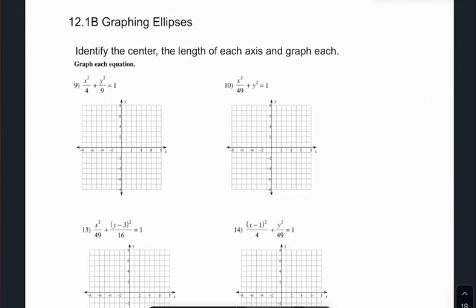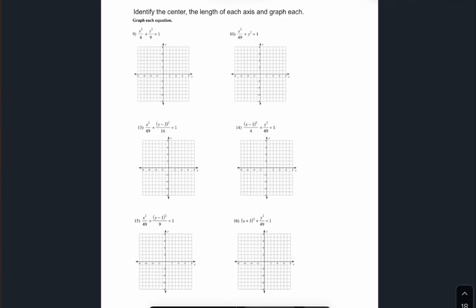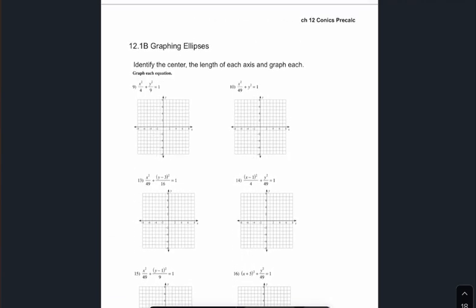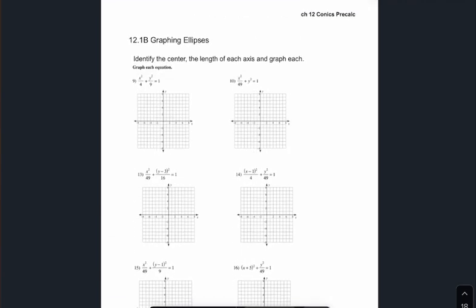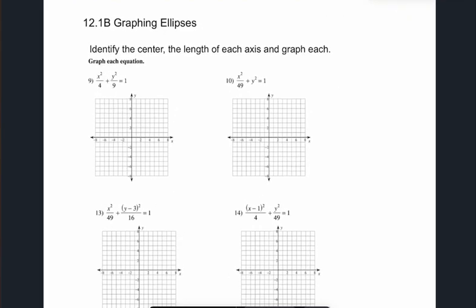Okay. And then we have some equations here. All of them are already in standard form, so they're ready to go. So if you could identify the center, instead of identifying the length of each axis, just tell me the A, the B, and the vertices and the co-vertices.